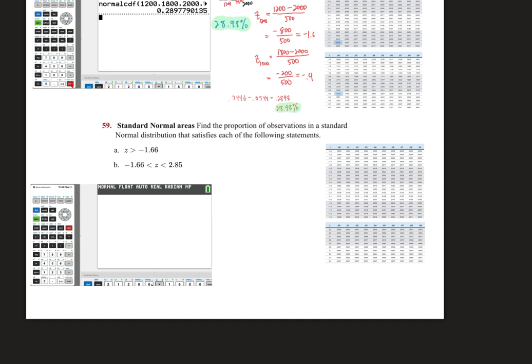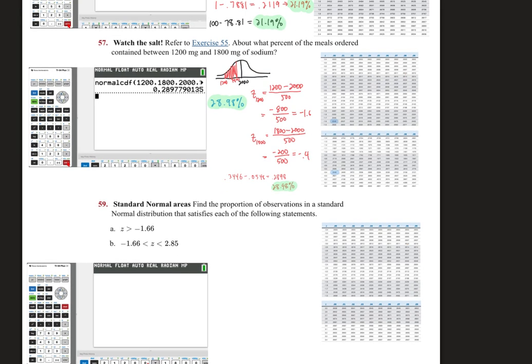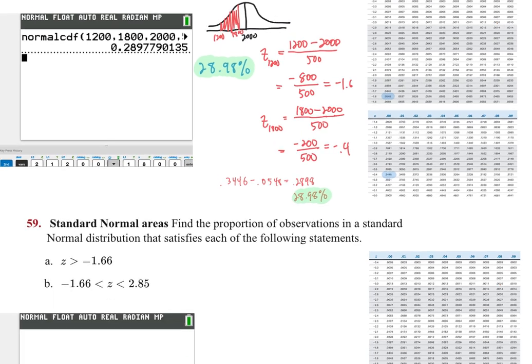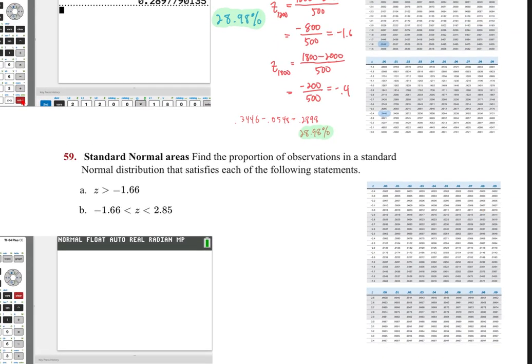Okay, so when they talk about a standard normal distribution, that's a normal distribution where instead of using actual values in context, like in the last one, where these values were milligrams of sodium, they'll just put z-scores in the bottom, just z-scores.